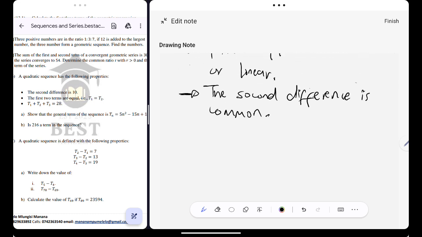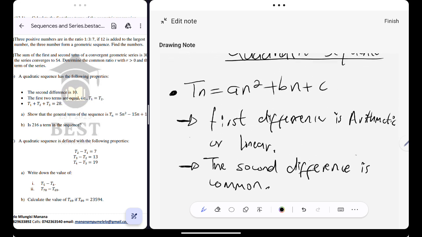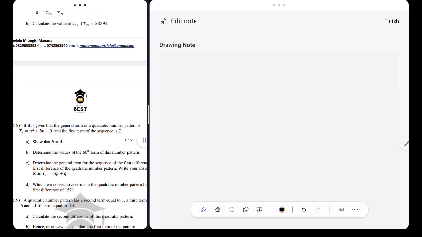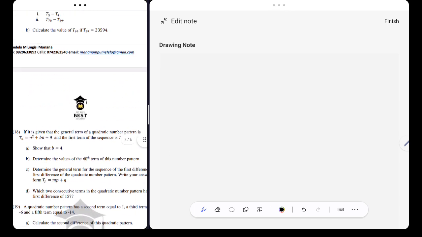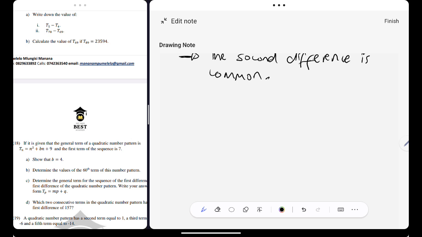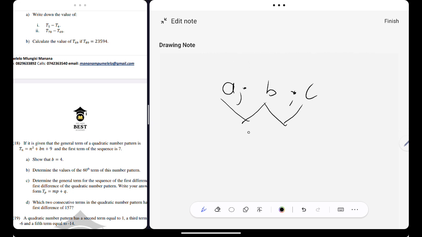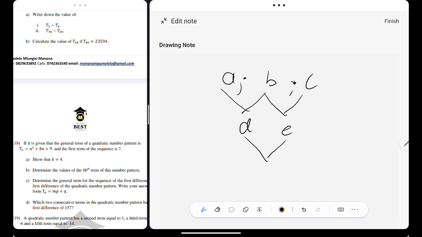So if you have a sequence, these two things need to stand together. If ever you have a sequence like this, you have A, B, and C. For you to find the differences, let's say you'll get D and then E here, and since the second difference is X, it will be X one way.